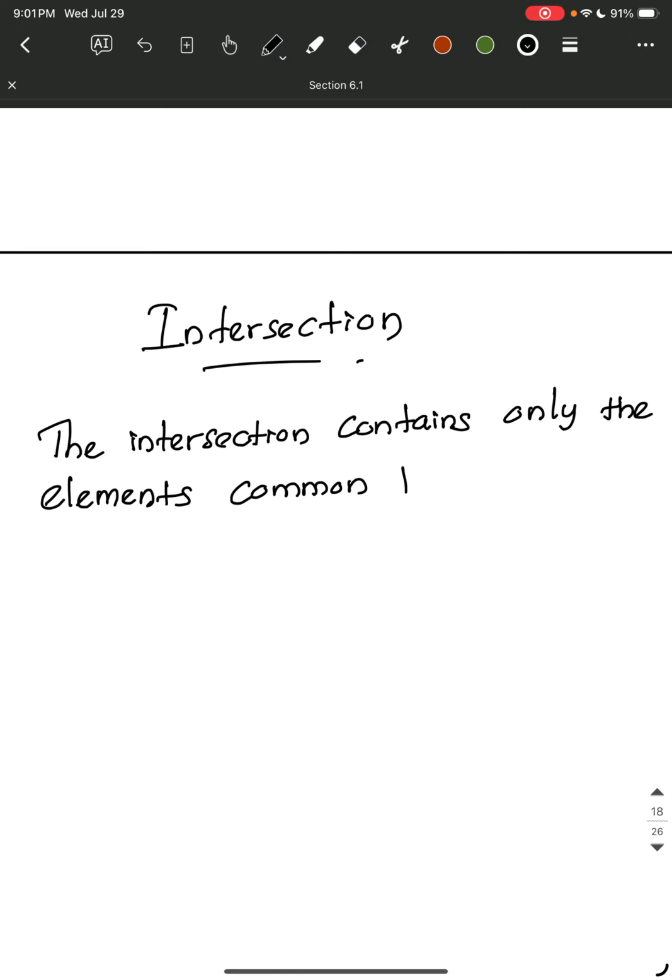So we can extend this beyond two sets, but in this chapter, most of the time we use two sets. That's why I explained the intersection for two sets. If not, we can go for more than two sets. So let's write: let A and B be two sets.